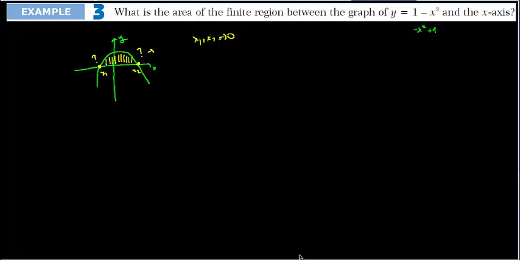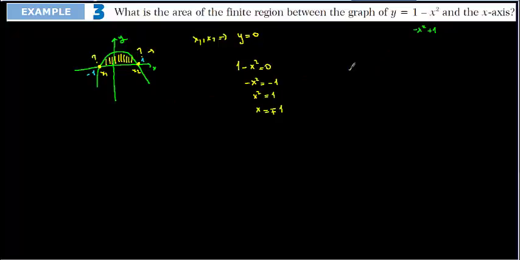So when y is equal to 0, 1 minus x squared is equal to 0, minus x squared is equal to minus 1, x squared is equal to 1, and x is equal to plus or minus 1. The first value is minus 1, the second value is 1.